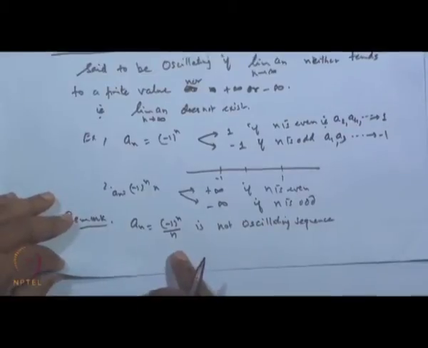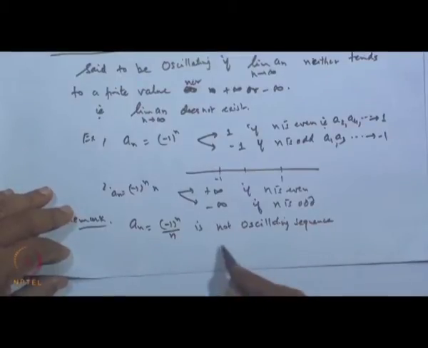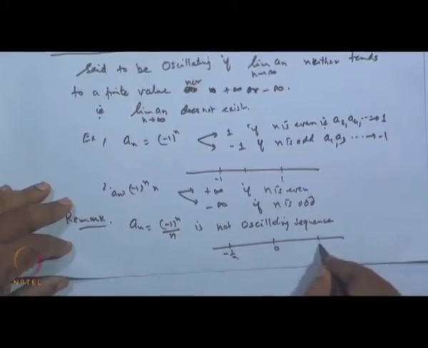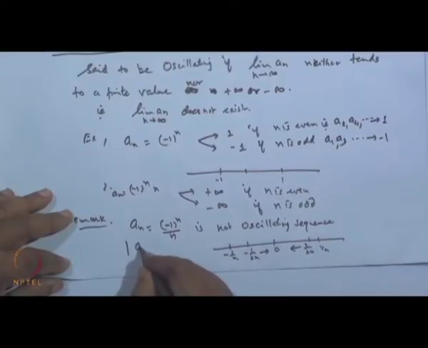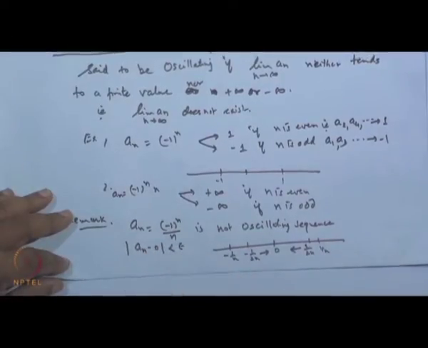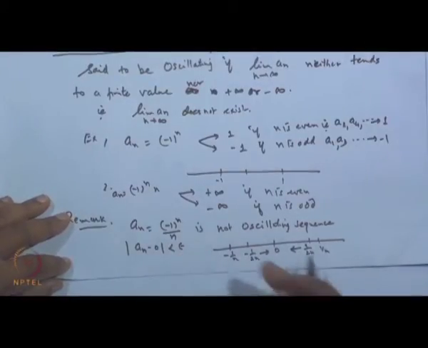Now, this sequence tends to the value 0, though it is alternately positive and negative. You are getting minus 1 by n, plus 1 by n, then as n increases minus 1 by 2n, plus 1 by 2n, like this. So after a certain stage, the difference between a_n and 0 can be made as small as we please, is it not? That is why this sequence is a convergent sequence, converges to 0. This is convergence.